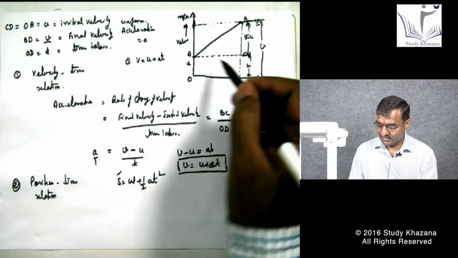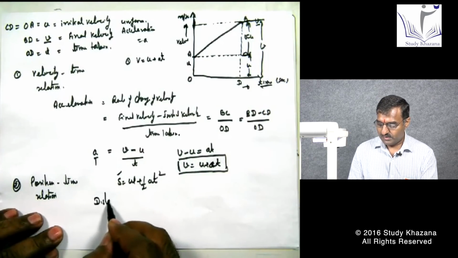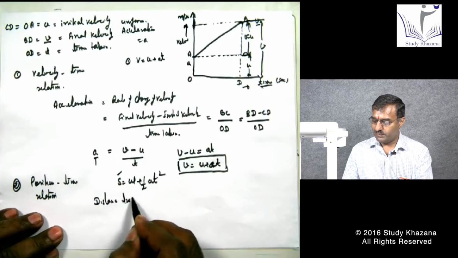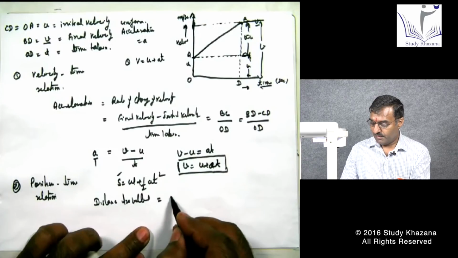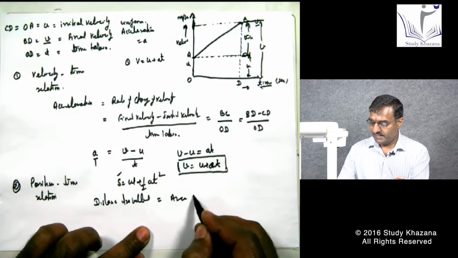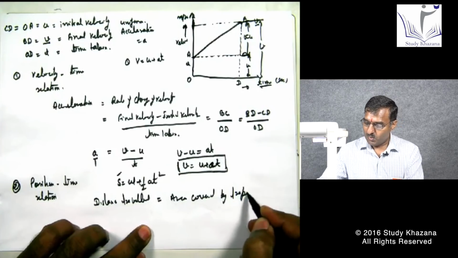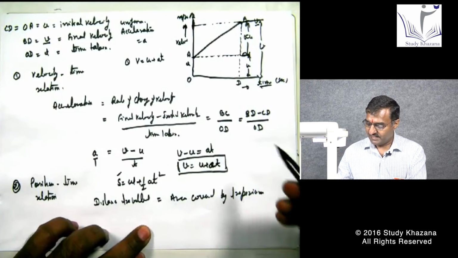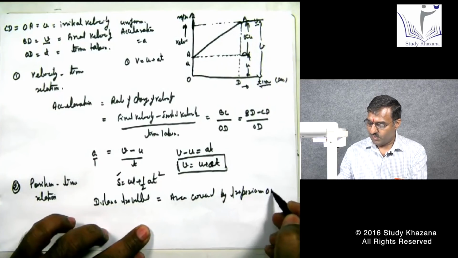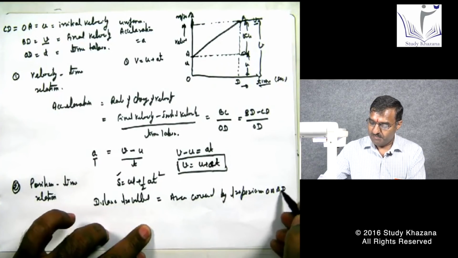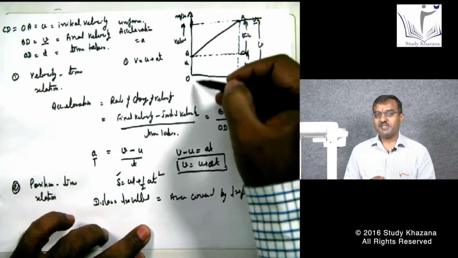So here the distance traveled is equal to the area covered by the trapezium. What is the trapezium? It is OABDO. This is some sort of trapezium.